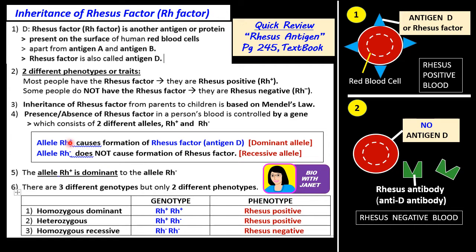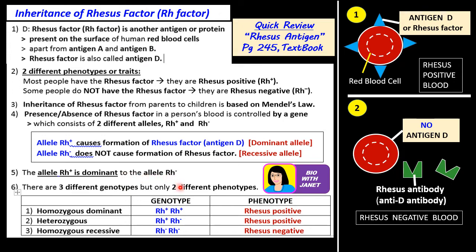We have to use these alleles, assign these letters. This is the standard way of writing the allele that causes formation of rhesus factor, and Rh negative is the allele that does not cause the formation of rhesus factor. Then the second thing is that the allele Rh positive is dominant to the allele Rh negative.